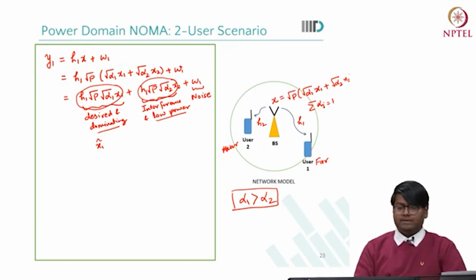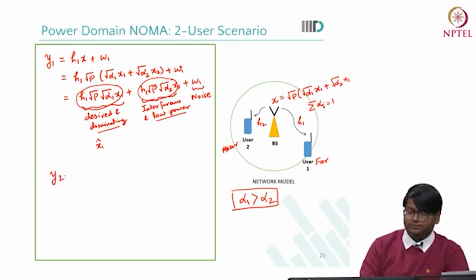But if you consider the received signal for user 2, it is given as H2 x plus W2.